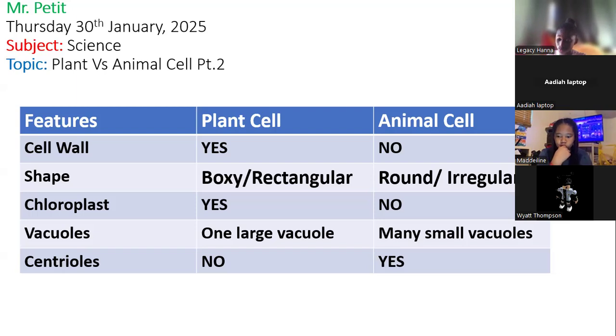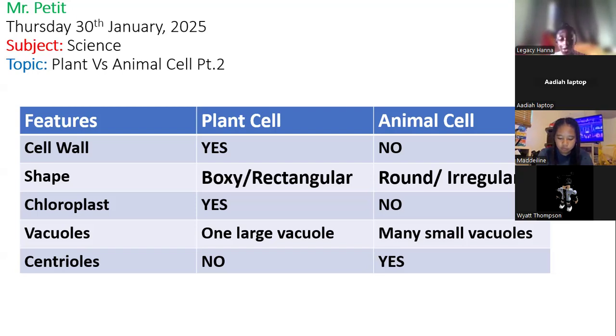Plant cells have one large vacuole, animal cells have many small vacuoles. Centrioles, plant cells do not have any centrioles, and animal cells have centrioles. Okay, good.